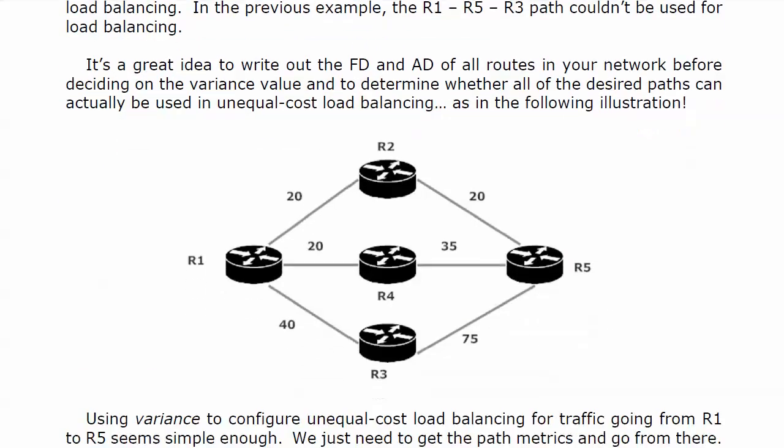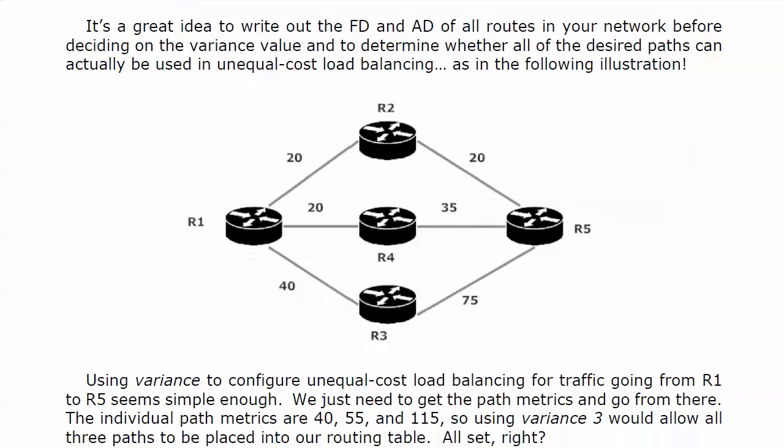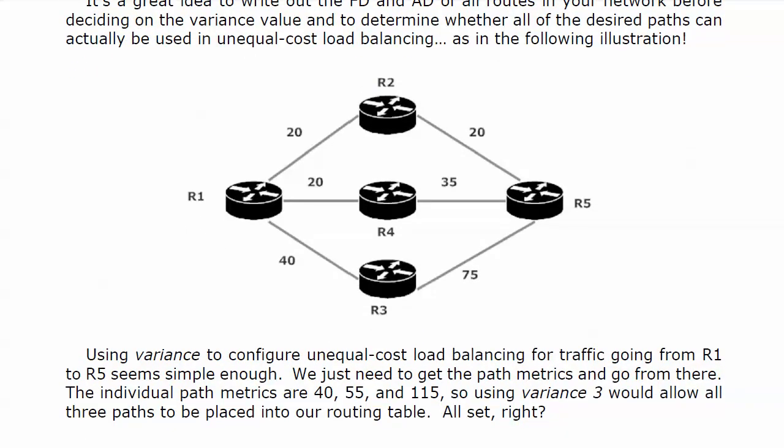And let's look at a slightly different drawing here. You could look at these three paths from 1 to 5, where you're using one of them and the other two are just sitting there, and you say, okay, just give me the metrics, I'll set the variance command and we're good to go. Well, the individual path metrics here are 40, 55, and 115.